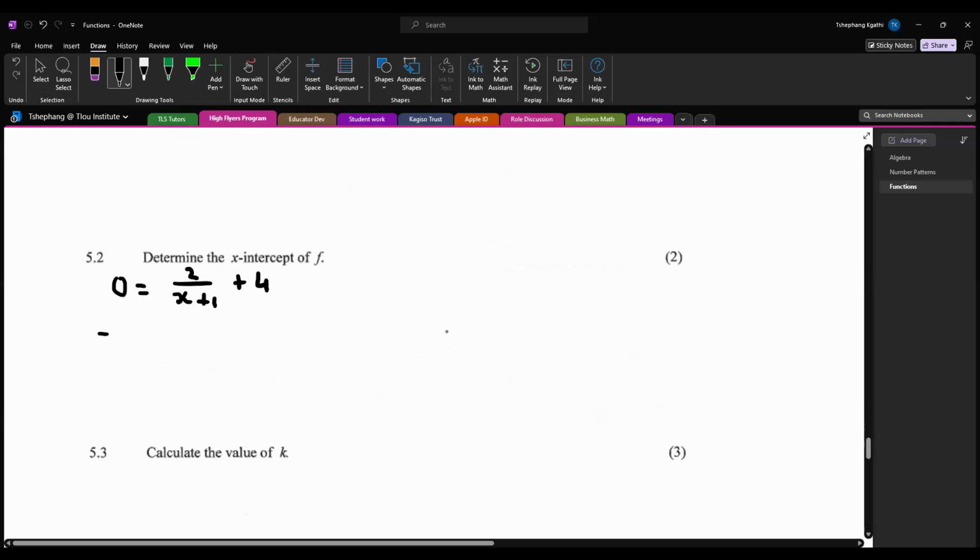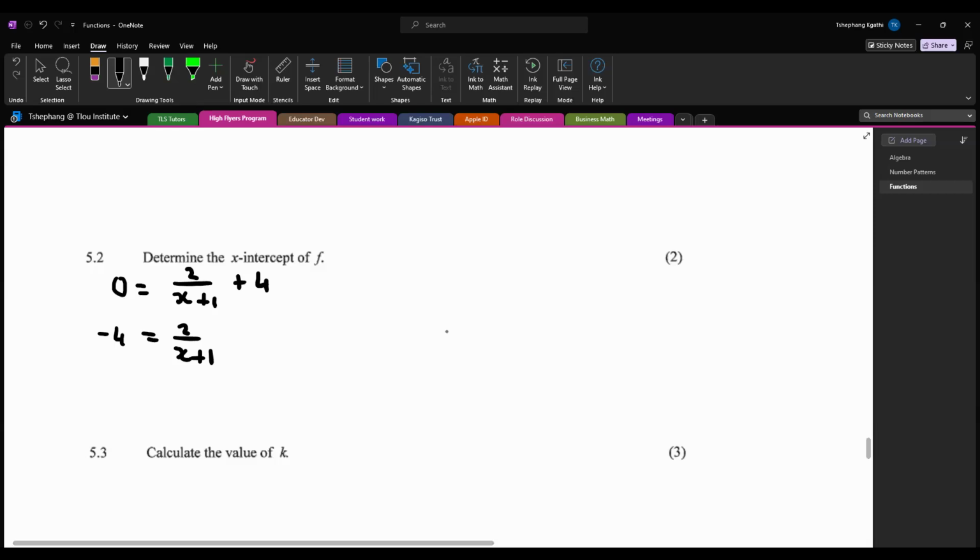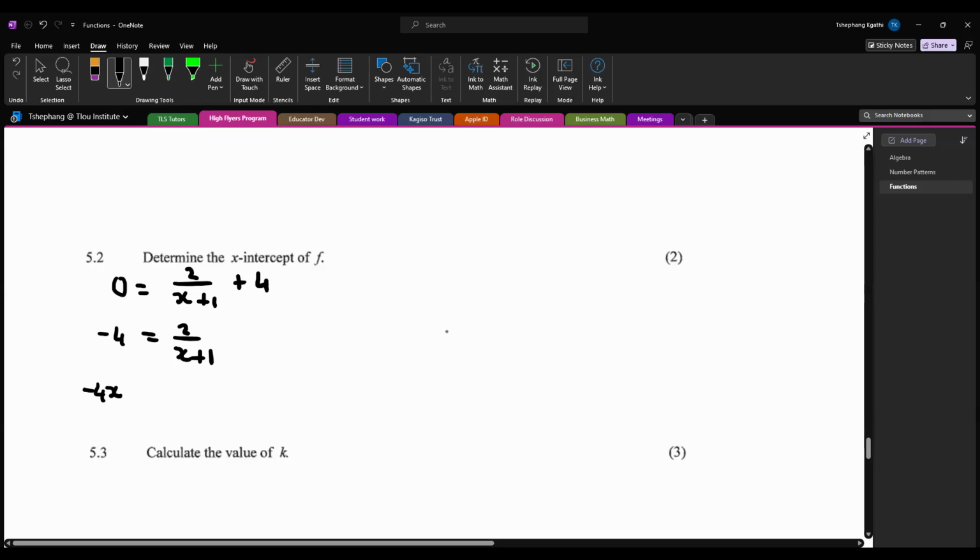Then let's just solve. -4 is equal to 2 over x plus 1. Then let's cross multiply. So we have minus 4x minus 4 equals 2. So minus 4x is equal to positive 6. Then x is equal to minus 3 over 2.